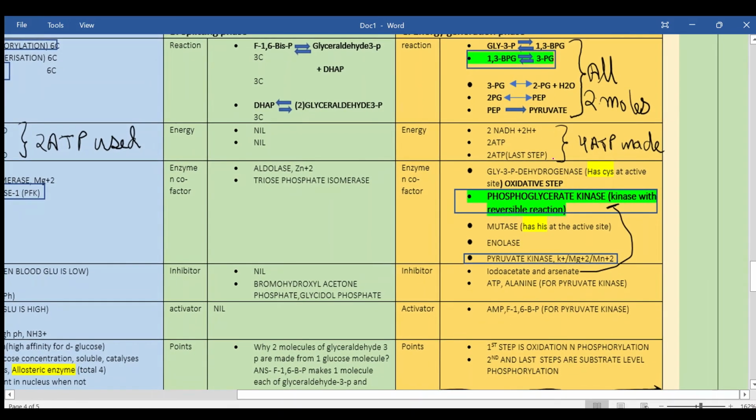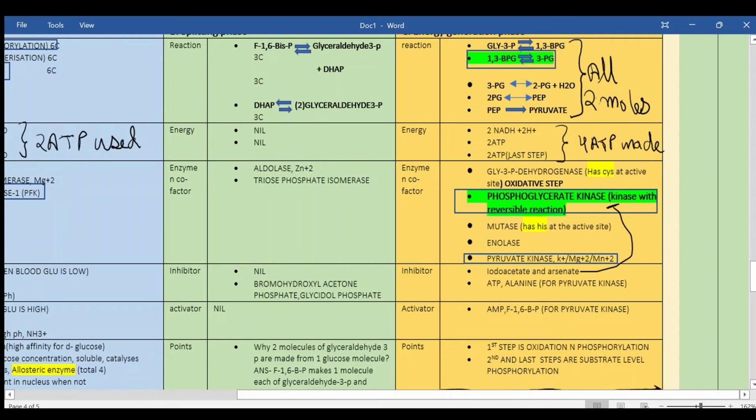Now the enzymes and cofactors. The first enzyme which is written here is glyceraldehyde 3-phosphate dehydrogenase, which is used for the first step, and it is having cysteine at the active site, and it is the oxidative stage. Okay, it is the oxidative stage.